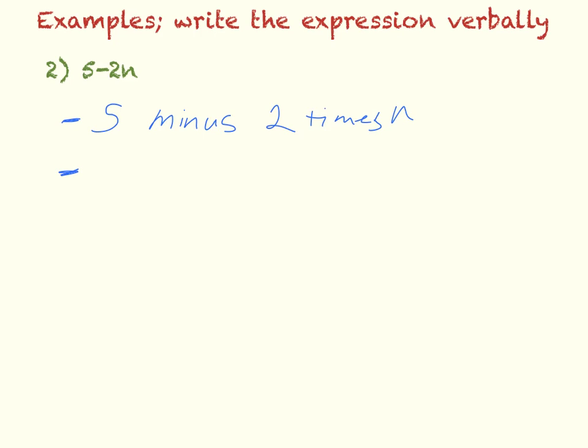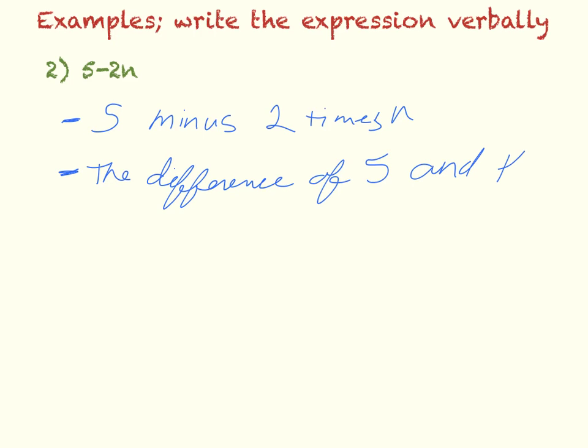You could write it as the difference of 5 and the product, because product means multiply, of 2 and n. That's an acceptable way to write it as well.